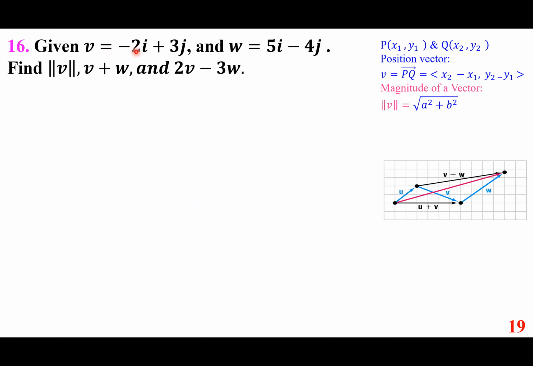Now, V is negative 2i plus 3j, and W is 5i minus 4j, and we want to find the magnitude of V plus W, and 2V minus 3W, reminding everybody of what we just said here.